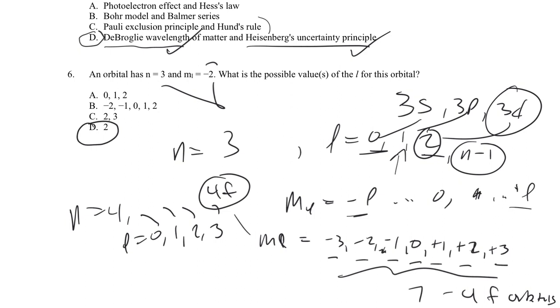So the 4f subshell would be comprised of 7 orbitals. The 4d subshell, just like any d subshell, would be comprised of 5 orbitals. The 4p subshell, just like any other p subshell, could be comprised of 3 orbitals, and all s subshells just 1 orbital. And then we can get 2 electrons into each. Each orbital can have a spin up or down electron.